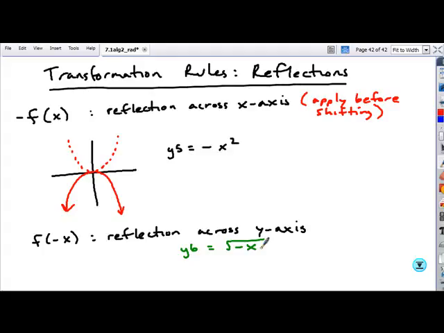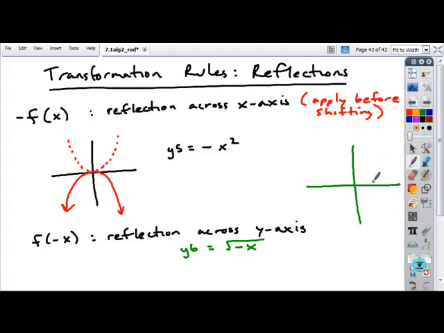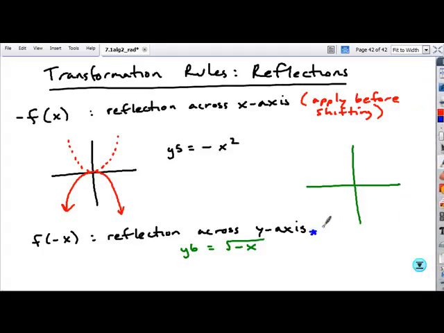Okay, so now my negative is applying inside my function, not outside of it, right? So when I look at my graph for this, I'll sketch it in blue. My original graph would look like this, but if the negative happens on the inside of my function, it gets mirrored across the y-axis.